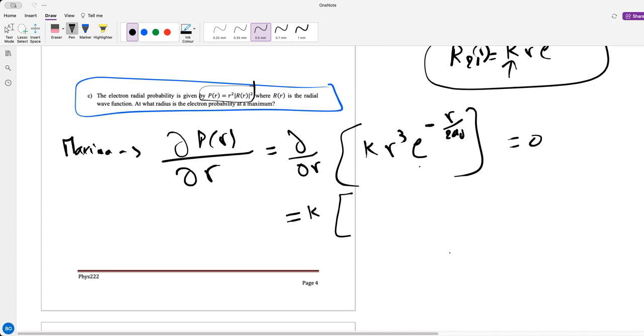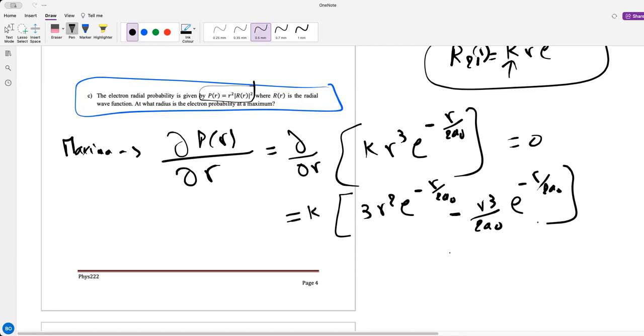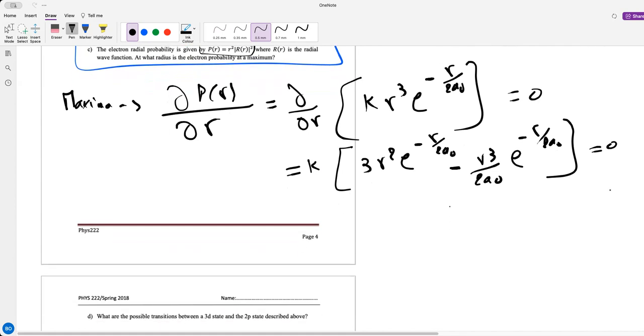Of course, here you have to derive by parts. So it will be 3r squared exponential minus r over 2a0 minus r cubed over 2a0 exponential minus r over 2a0. Don't ask me how I did it, because I think you are able to do this yourself. Of course, the exponential will not be equal to 0, so I take it out of the equation.